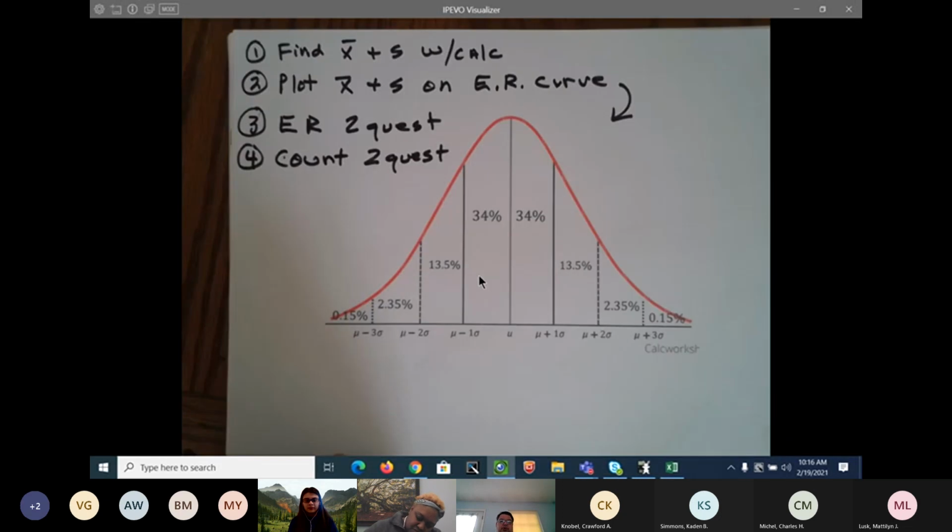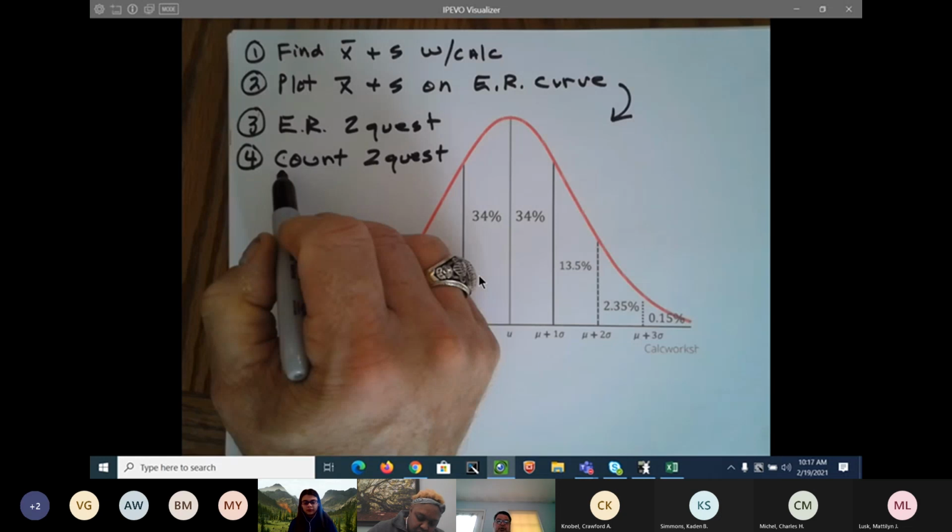So I just wanted to write that there. So when we do get this, you'll see where I'm going. At the end, there's 4 questions. There's 2 empirical rule questions, and it says, using the empirical rule, it says it in the question. And then the other ones, you're going to count numbers, and I'll show you that.